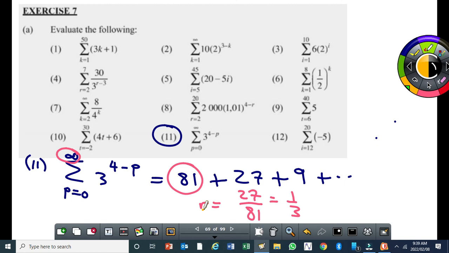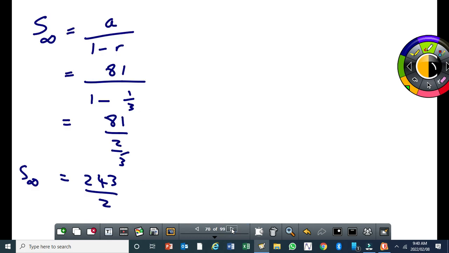Since the top there is infinity and our common ratio is a third, which is between -1 and +1, we use the sum to infinity formula. Then you substitute, you simplify, you get that as your answer.